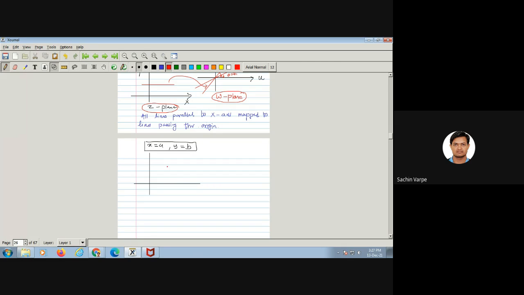Yes or no? Suppose this is x equal to a, and this is y equal to b. This is my x axis, this is my y axis.